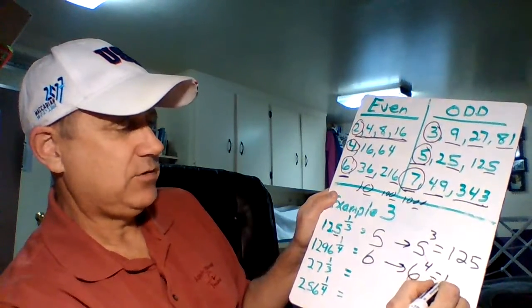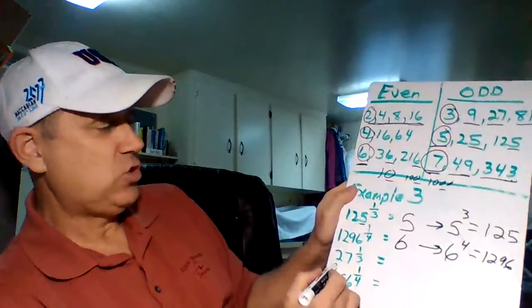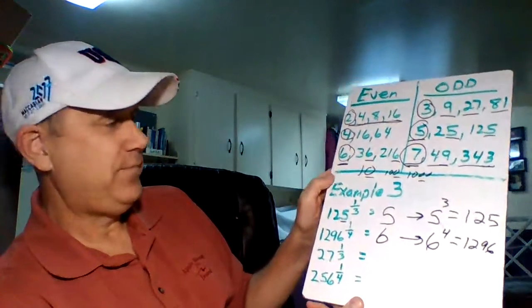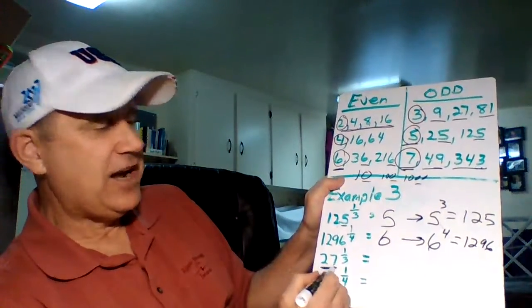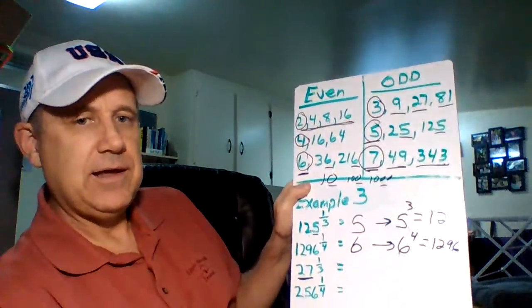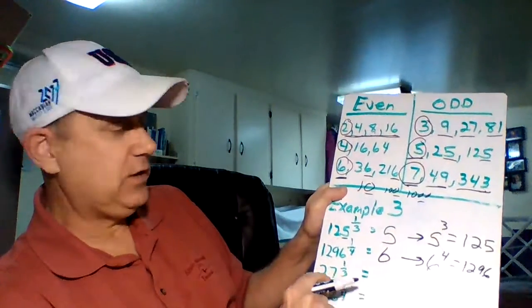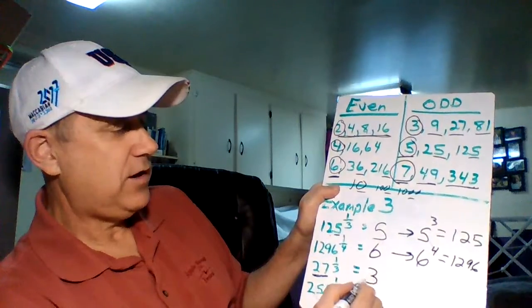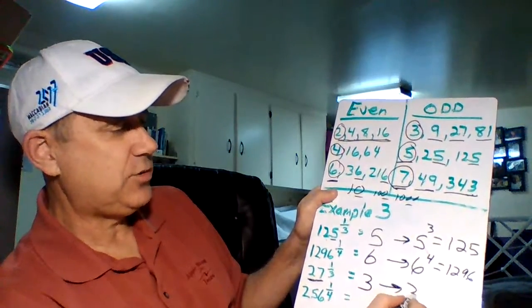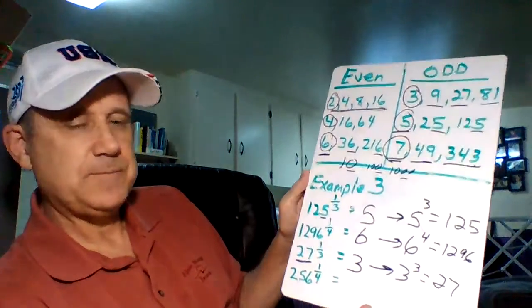Fourth power equals 1296. 2 more. 27 to the 1/3. It's an odd number, so you know it's going to be odd. What number cubed equals 27? 3, because 3 cubed equals 27.